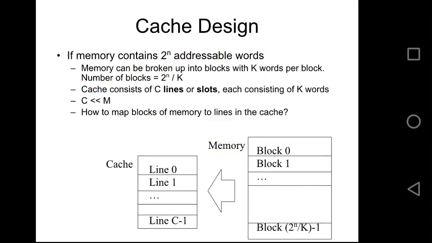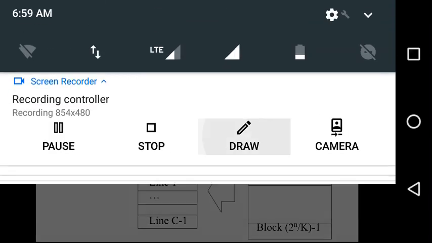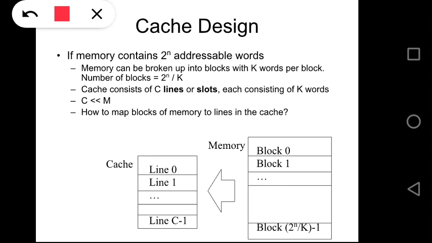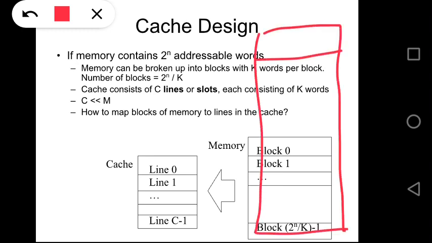Let's take a simple example. It's really important to understand this concept, how cache is designed. Let's assume n as 32.